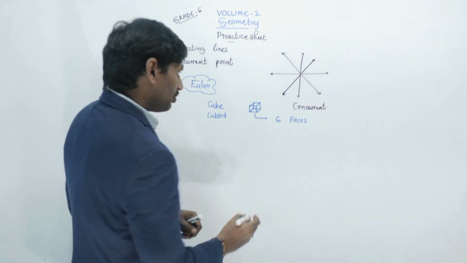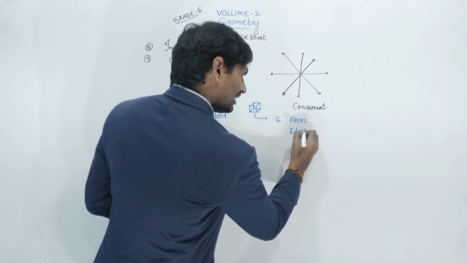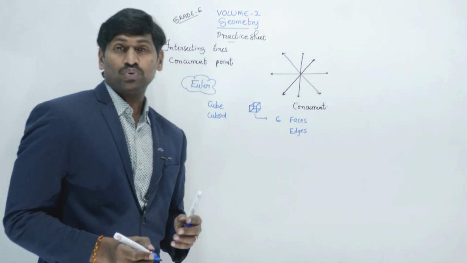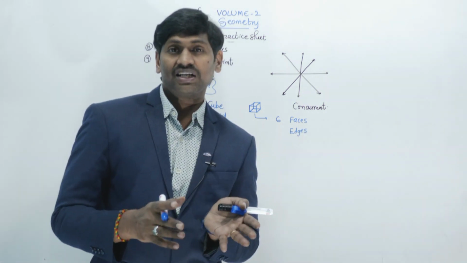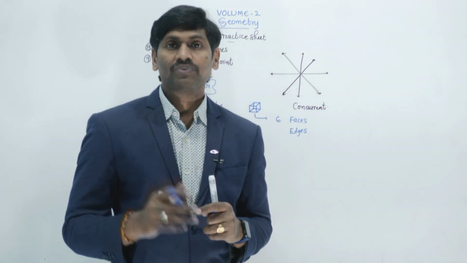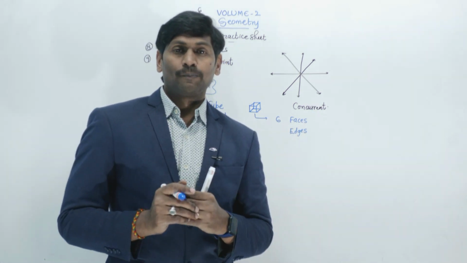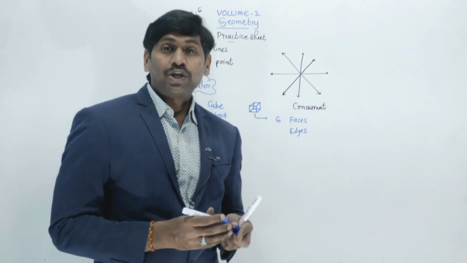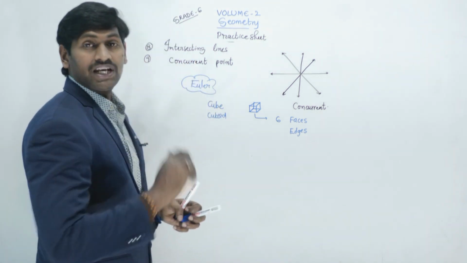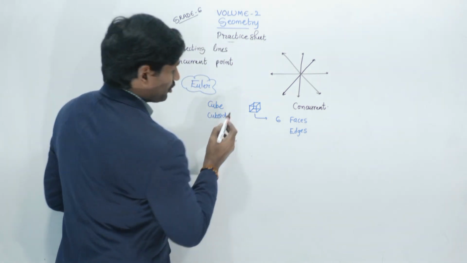Now talking about edges. Edges, I told you, are the line segments or the connecting line between two faces. In the cube there are 12 edges. What are the 12 edges? See here, I am drawing the same cube.